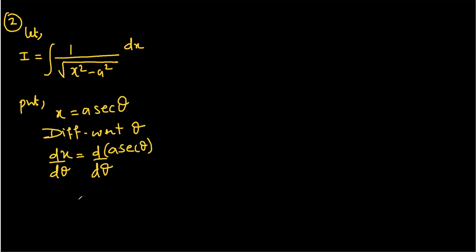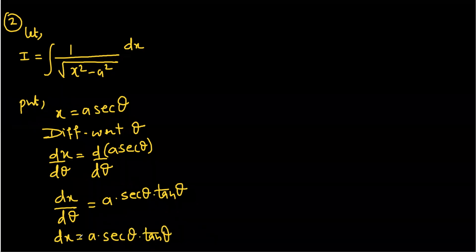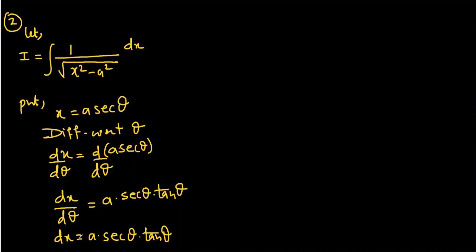So I have dx by d theta is equal to a, a is a constant, and d by d theta of sec theta is sec theta into tan theta. I multiply d theta here, so dx is equal to a sec theta tan theta d theta.